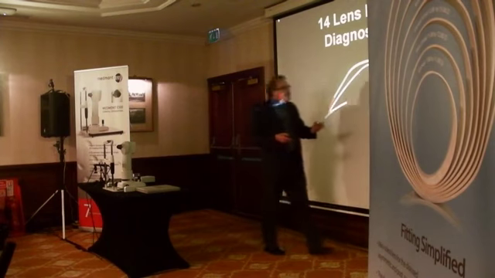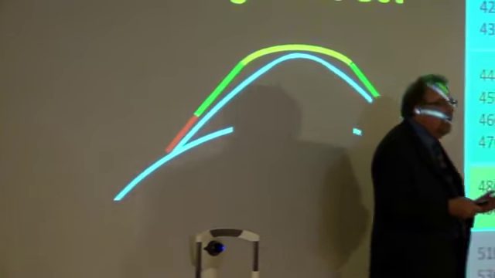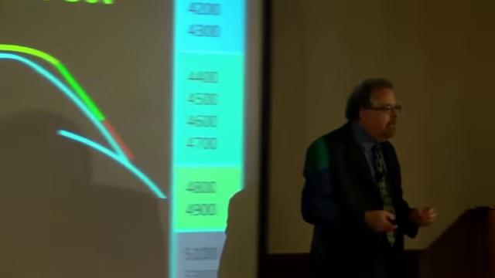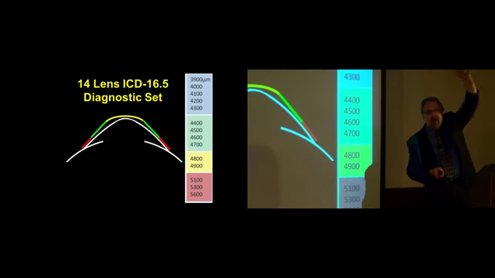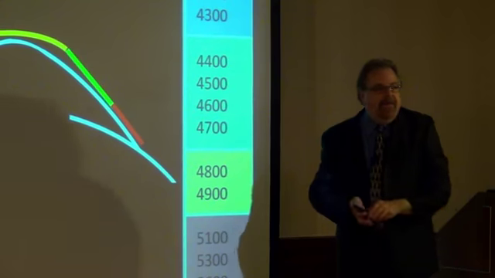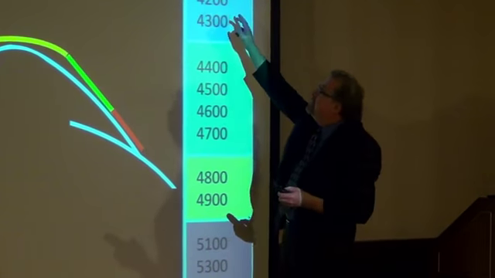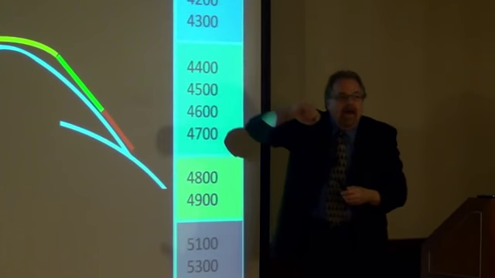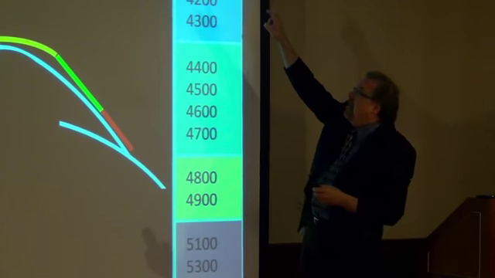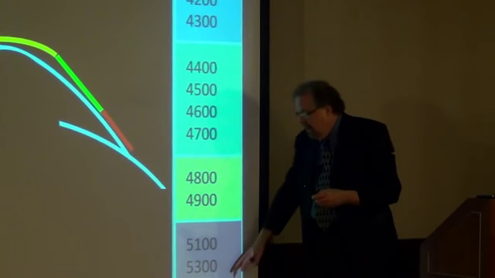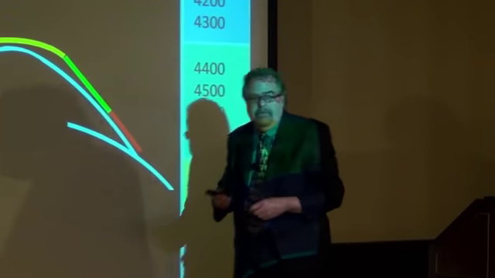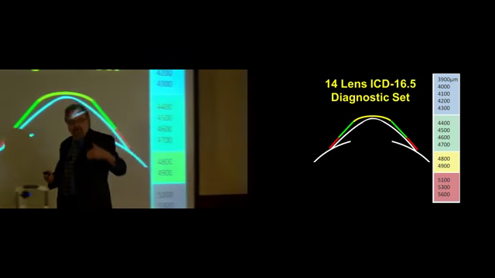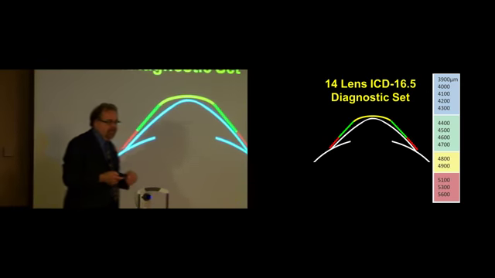That is, the diagnostic set needs to be labeled in height. How high the lens is, how low it is. And that's what the ICD does. It starts with a height of 3,900 microns, all the way up to 5,600 microns in 100 micron increments.